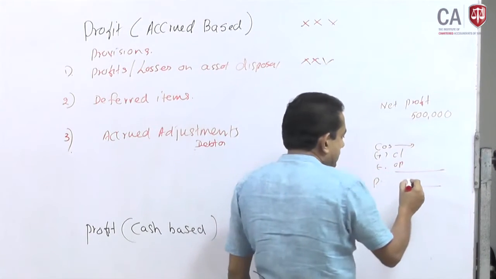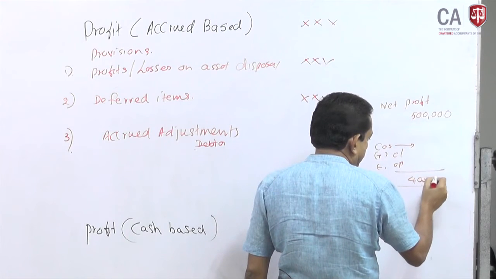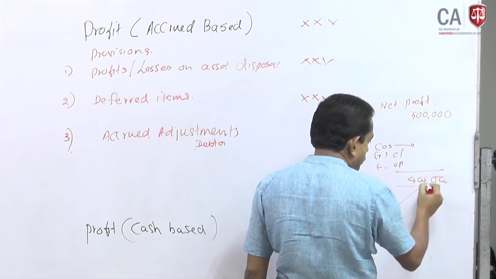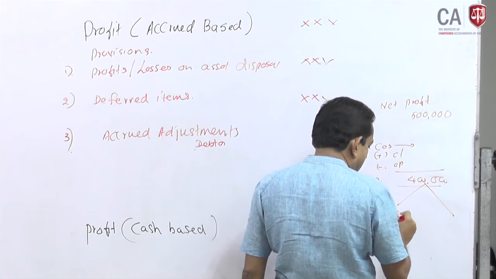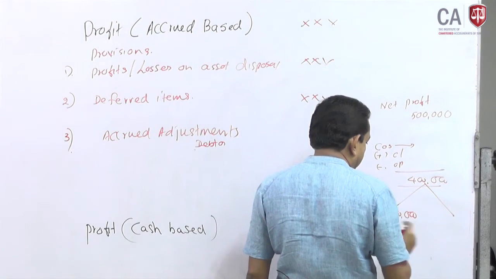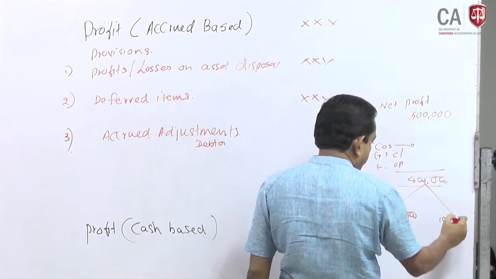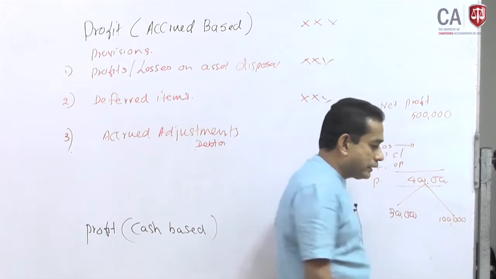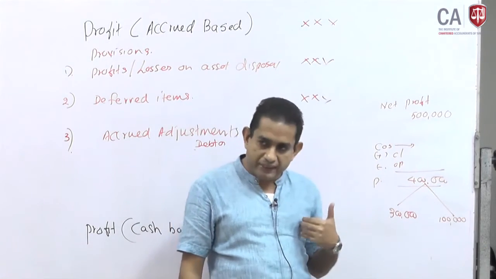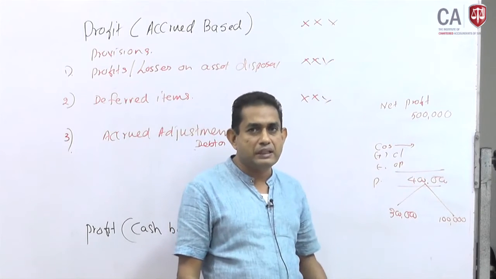So, let us say the purchases are 400,000, total purchases, out of which 300,000 rupees has already been paid and 100,000 purchases were purely on credit basis. We did the purchases, but the payments are still due.